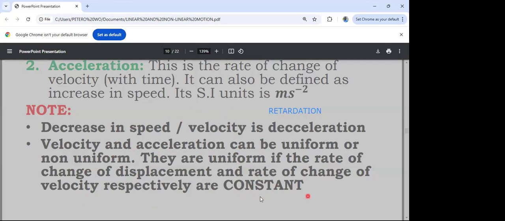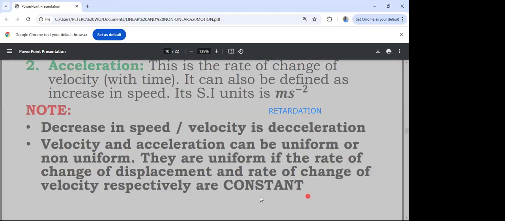What does that mean? Let us say that a person moves 20 meters for every 1 second. So for every second, that body is covering 20 meters. For the first second, someone moves 20 meters.